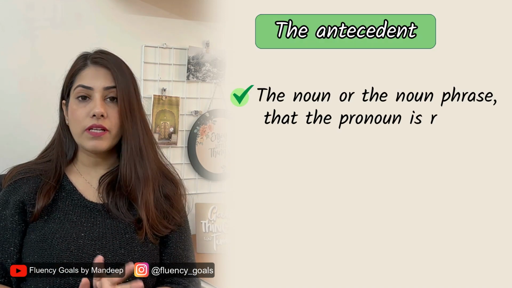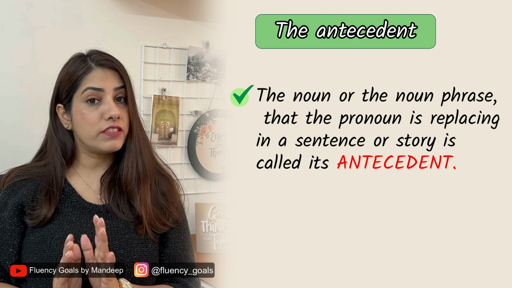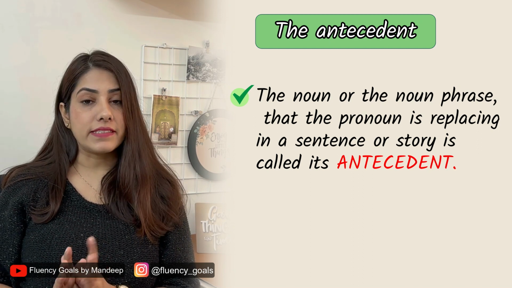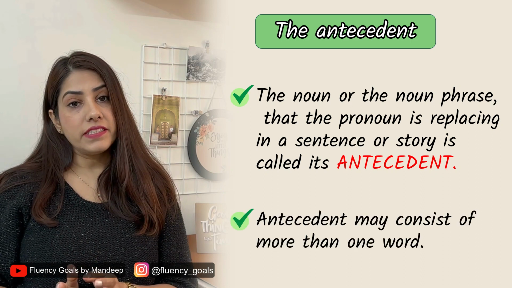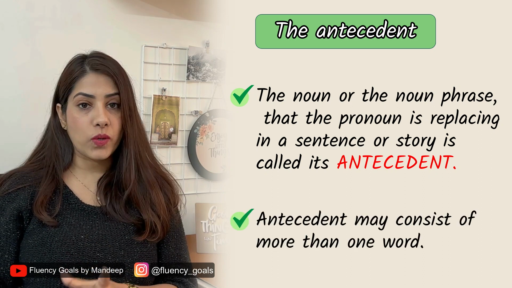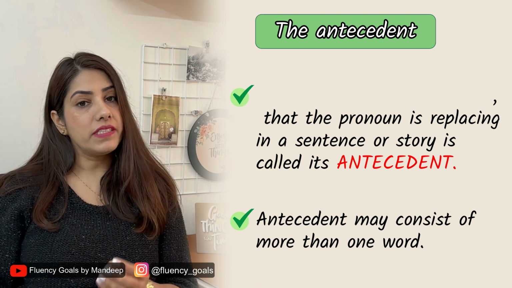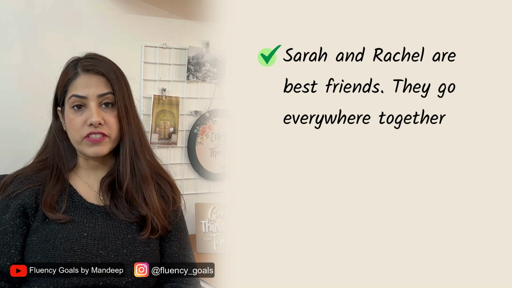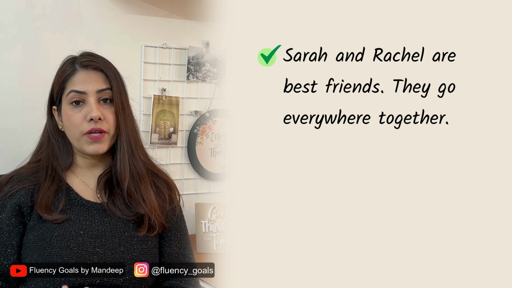Now, the noun or the noun phrase that a pronoun is replacing in a sentence or story is called an antecedent. Antecedents may consist of more than one word and they may appear in earlier sentences. Take this example here. Sarah and Rachel are best friends. They go everywhere together.